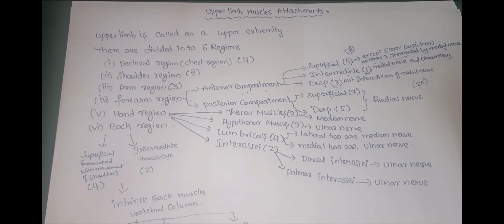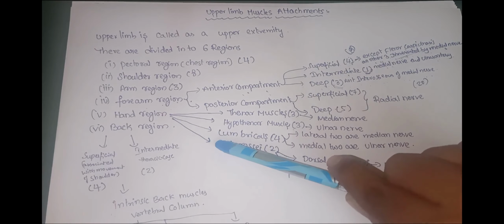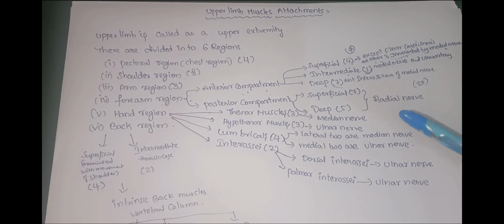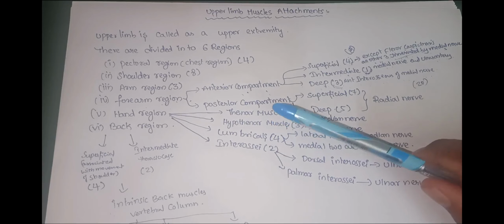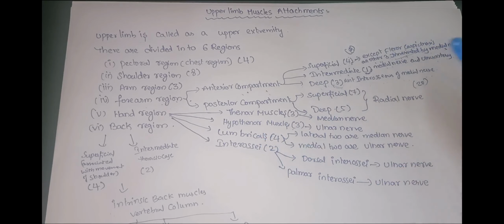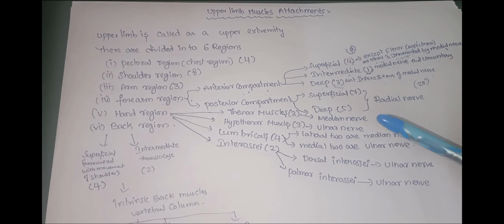Okay. Next, hand region. The human hand is divided into 4 compartments. What are the 4 compartments?